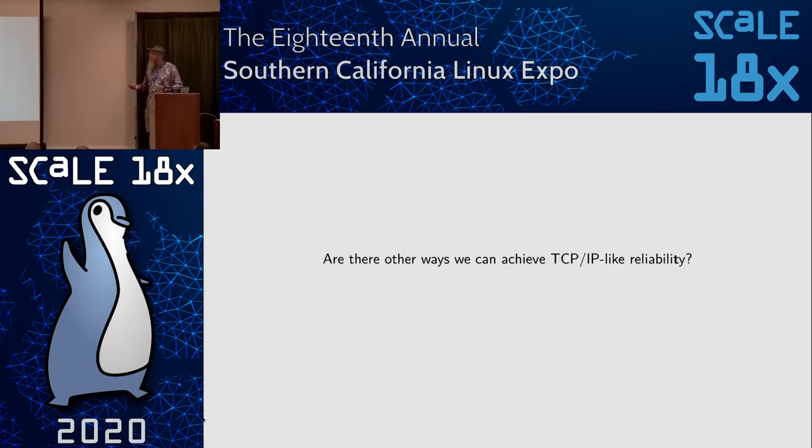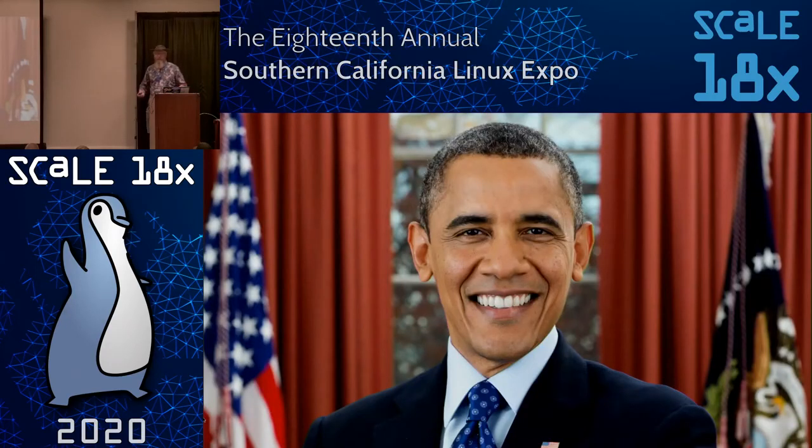TCP, the reason we have it is because it lets you build a reliable network on top of a connectionless, unreliable network. It's why we built it. So if I'm going to say let's use multicast, let's use UDP, we need to ask the question, are there other ways we can achieve TCP/IP-like reliability? And the good news is, yes, we can.